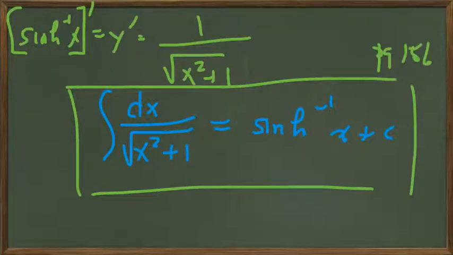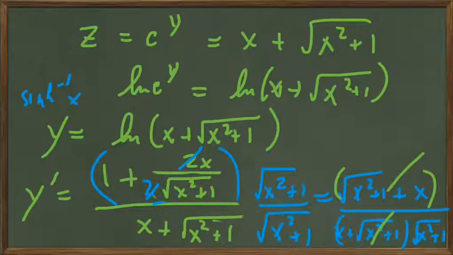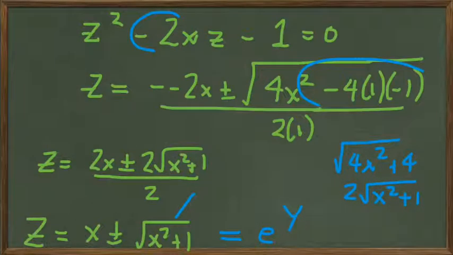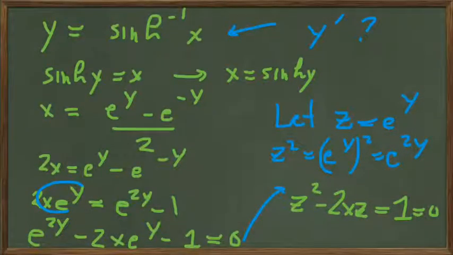Notice that also on page 157 we go through it for cosine h inverse, or at least partly for cosine h inverse of x. The only difference there would be that if we were doing this same derivation to find the derivative of cosine h inverse x, there would be a plus sign here, and a plus sign here, and a plus sign here.